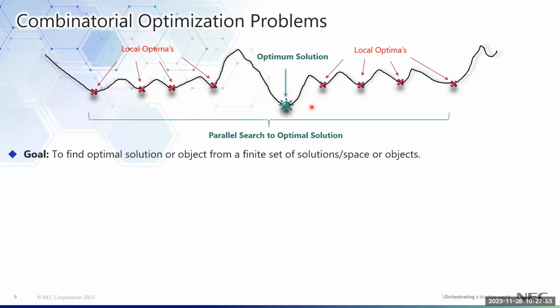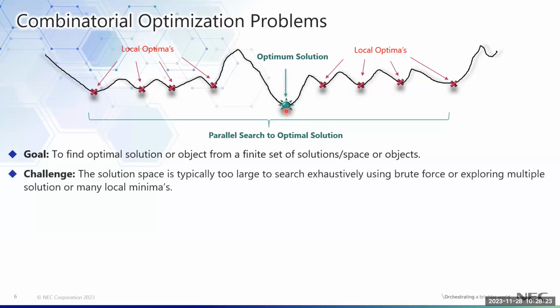So the goal is to find an optimal solution from a finite set of solutions. That was always the goal. There are multiple local minima where the solution achieves an energy where you can consider it an optimal solution, but the most optimal solution will be the one where your curve is at the minima.